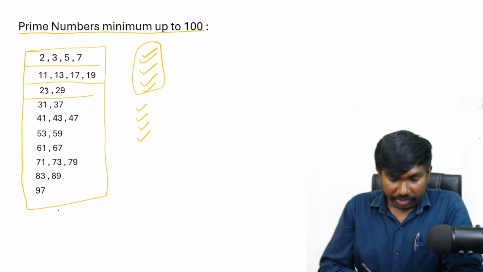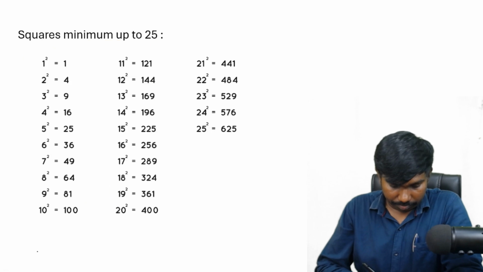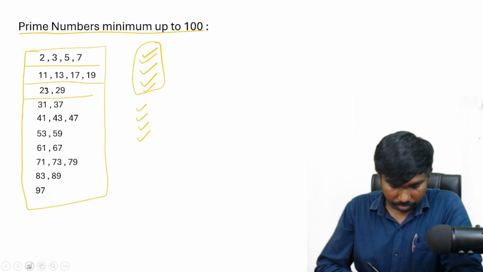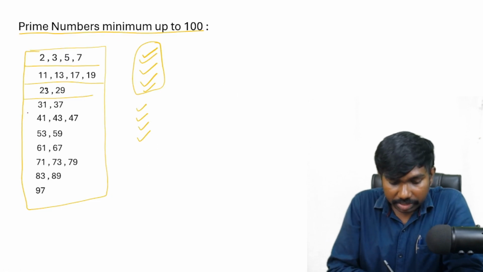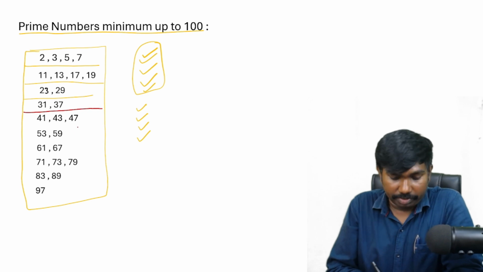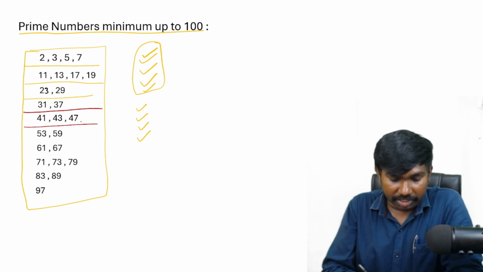Okay, 23 and 29. Next, 31, 37. Next 41, 43, 47. Okay, until 50.